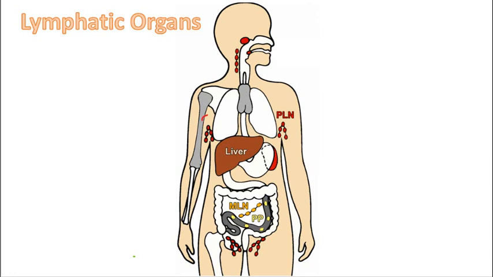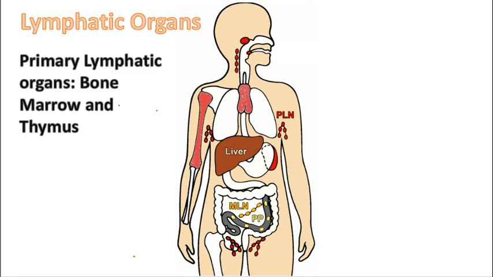So regardless of what the question asks you, if they ask where macrophages are produced, they're produced in the red bone marrow. Where are T cells produced? They are produced as lymphocytes in the red bone marrow, but they differentiate and mature in the thymus. So all the cells are produced in the red bone marrow, but then they migrate from the red bone marrow to the lymphoid organ, where they're exposed to microorganisms and they mature and proliferate.